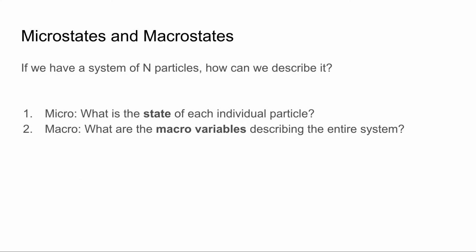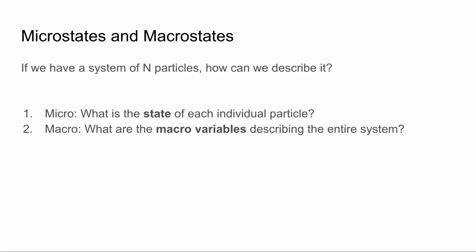So let's talk about the concept of macrostates and microstates. How is it relevant to P and C? We'll see later. If I have a system of n particles, what are the different ways you can describe n particles? There are two different perspectives. One is the micro and one is the macro, similar to micro and macroeconomics, right? The micro is focusing on each individual firm, each individual particle.